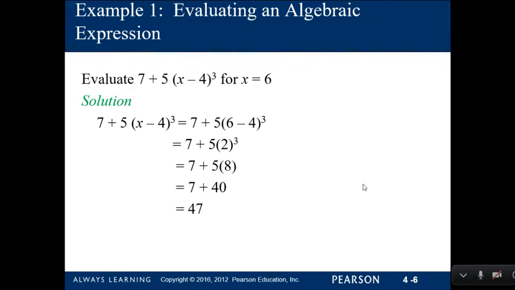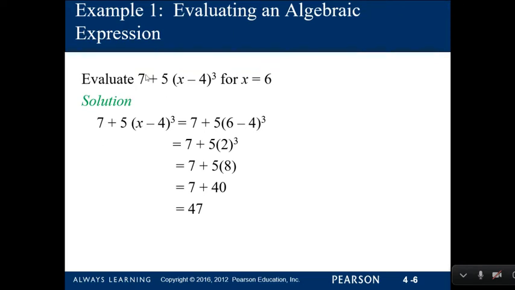Then all we do, notice what they did, is they replaced the x with what x is equal to. So everywhere I saw an x in this statement, I'm going to replace it with a 6. If it's a negative number you're replacing with, it's very important that if you're using your calculator, you put it in its own little set of parentheses so you don't get that negative mixed up with a subtraction or something like that.